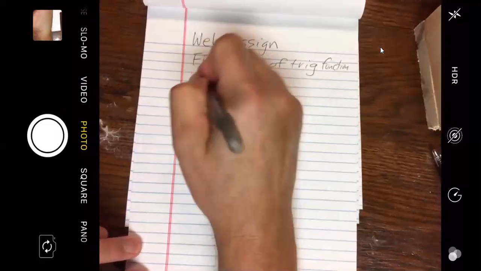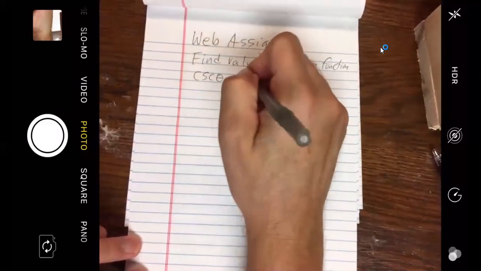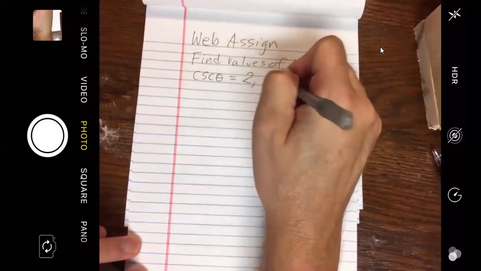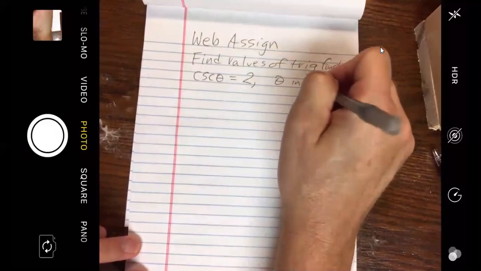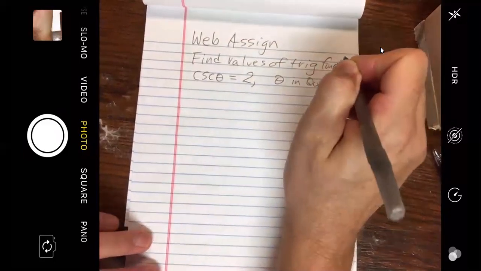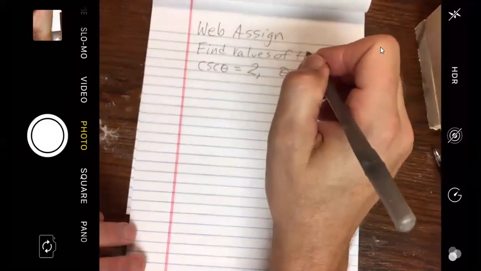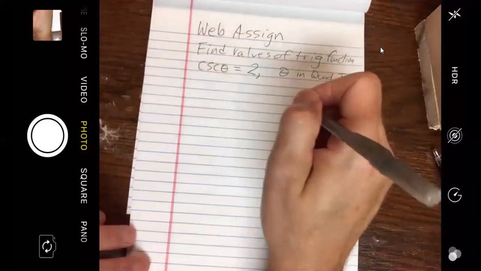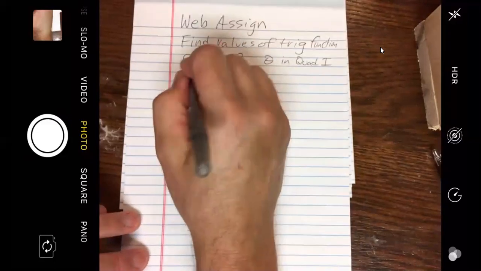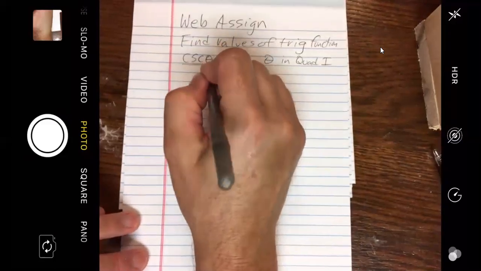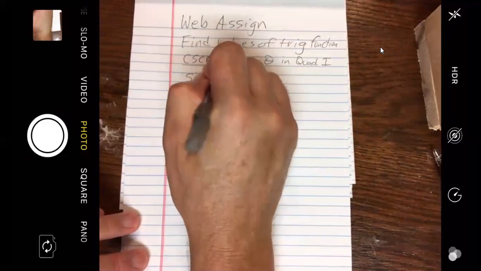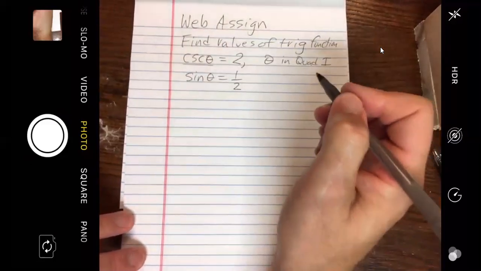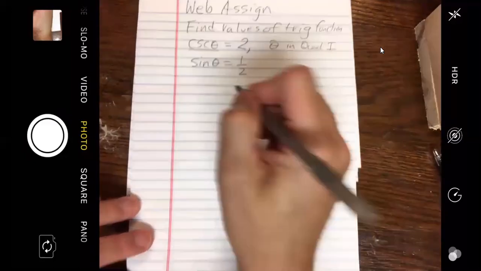Cosecant of theta equals 2, theta in quadrant 1. Then we have to list out the sine, cosine, tan, secant. So from what I just showed you on the previous page, you realize this means that sine theta is 1/2. Oh yeah, I already knew that.